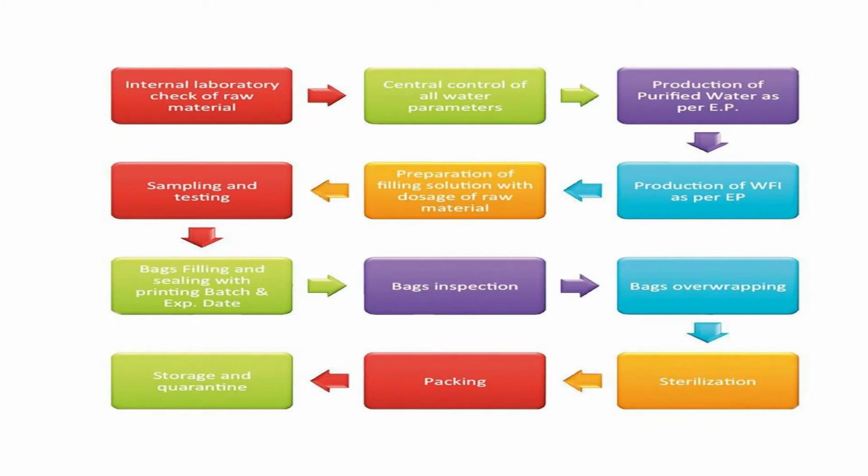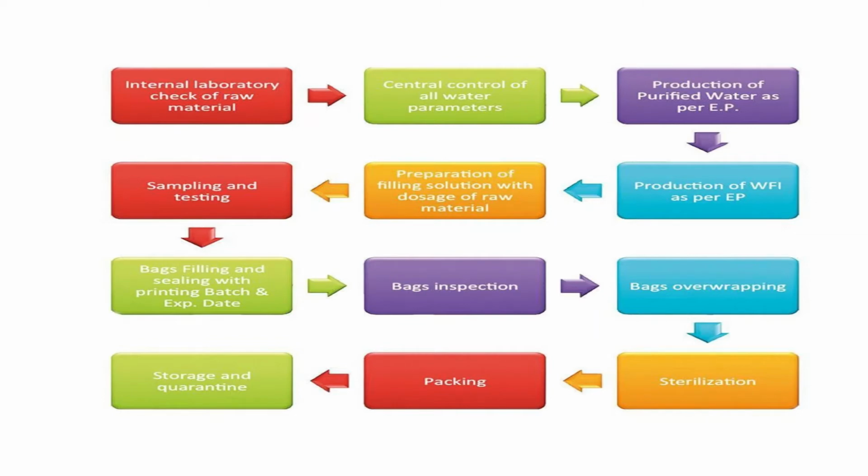So once you have selected the water, whether it is purified water, water for injection, sterile water for injection, or bacteriostatic water for injection, then it has to be prepared. The production involves the incorporation of the active pharmaceutical ingredient along with the excipients into the water for injection.